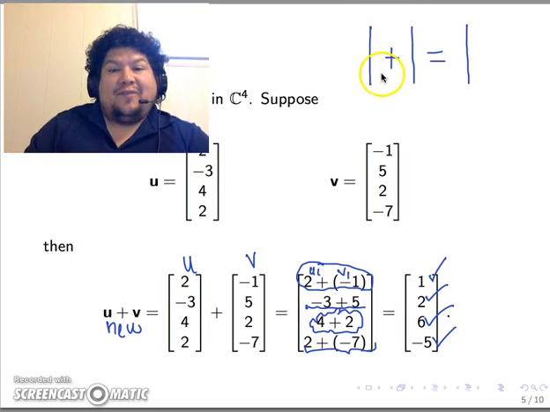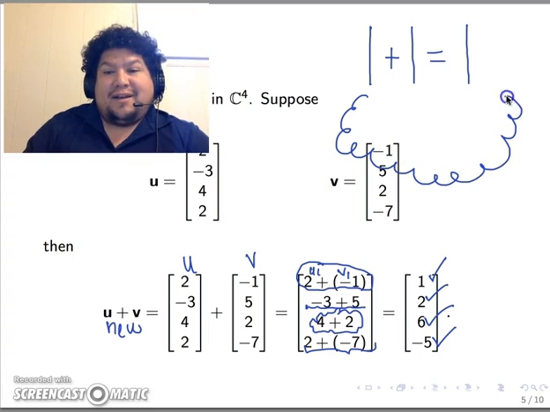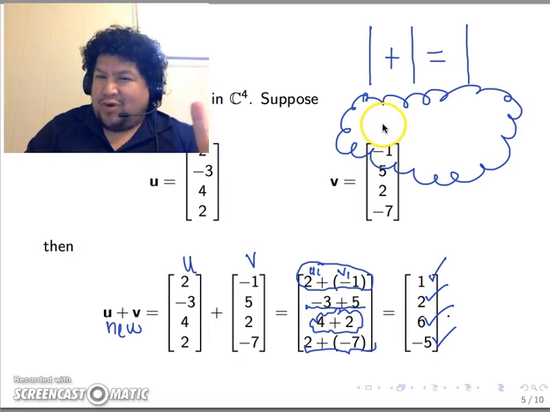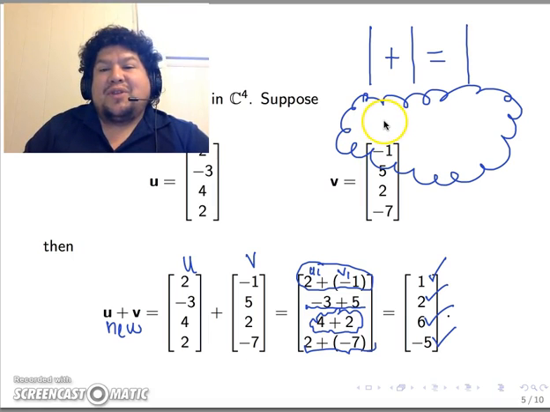Now we're talking about column vectors, but if you remember, maybe I draw you here a little cloud of memory. We used to have a row operation that looked like this, say alpha r sub i plus r sub j.